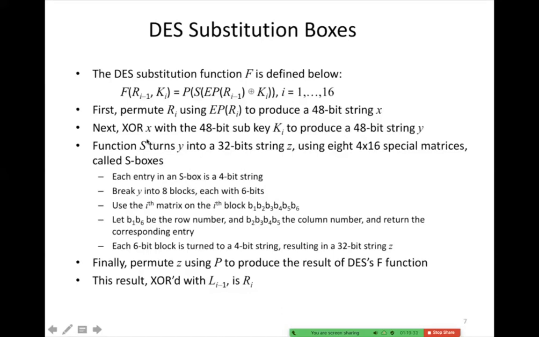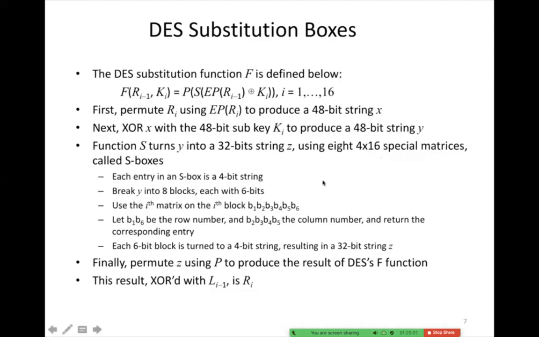This S function uses 8 specially designed matrices, and each of these matrices is 4 rows and 16 columns. Each matrix is called an S box.